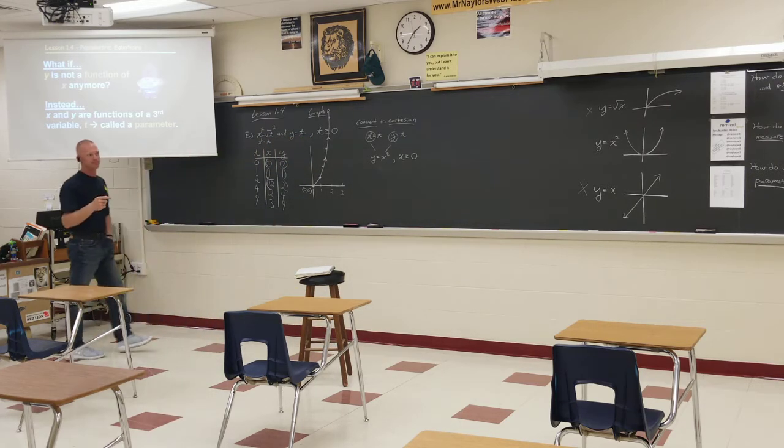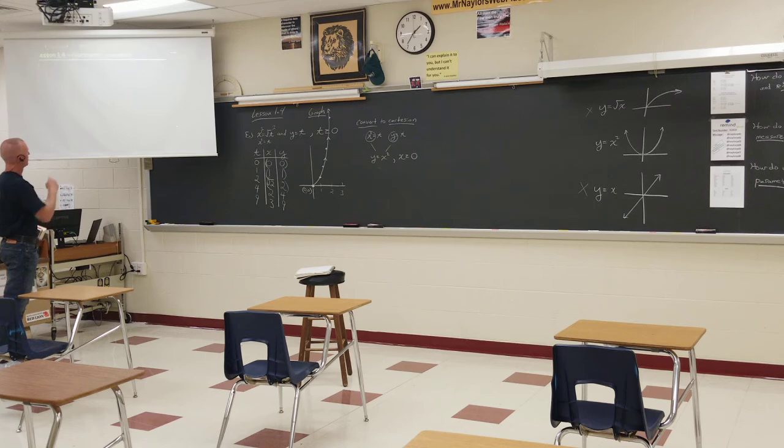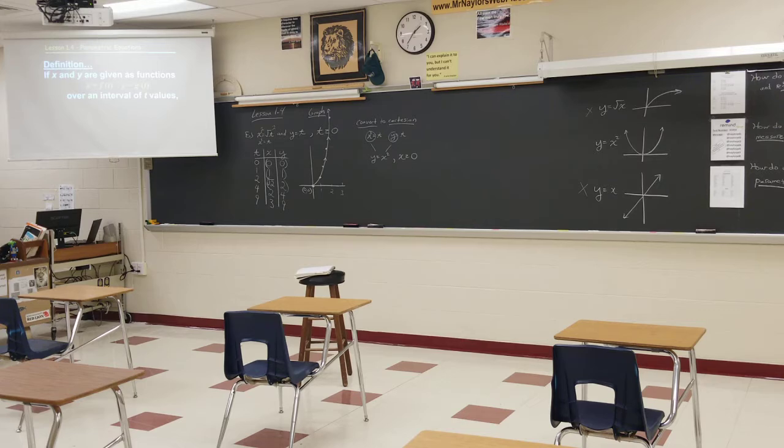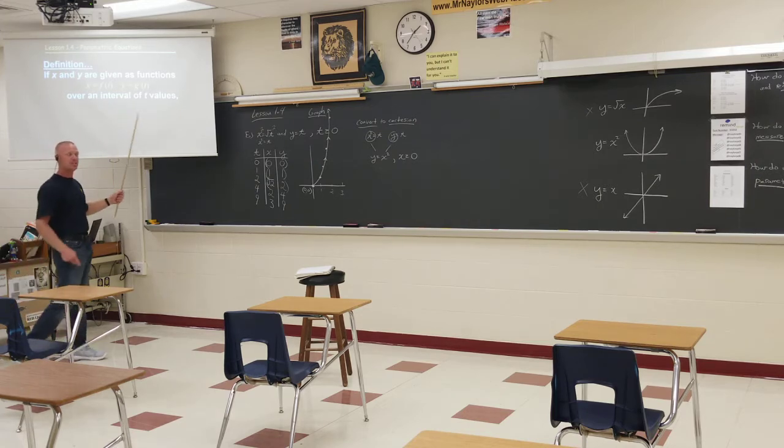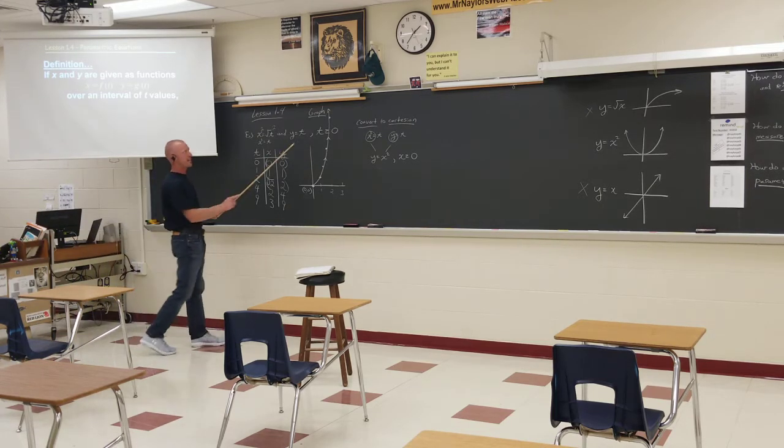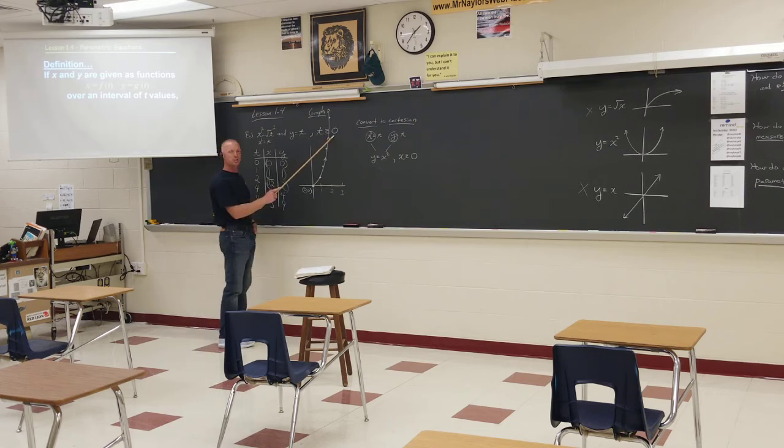Parametric equations. Let's take a step back and think about what we have. You see, what we have are x and y now being described as a function of t. That means x is equal to something with t, and y is equal to something with t. And we also have this interval of t values, which isn't something you want to just brush over, because the interval for this problem was assumed.